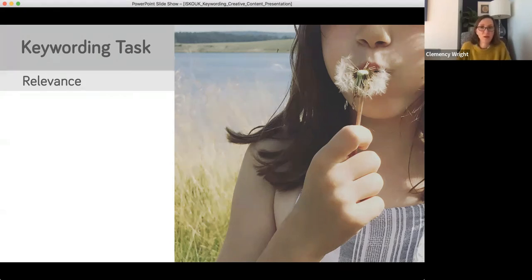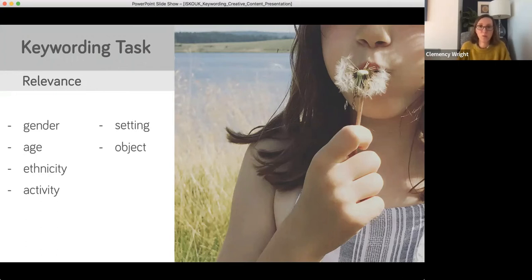So some of the things that might spring to mind might be the gender of the person in the image, their age, ethnicity perhaps, the activity, because obviously the image is showing an activity and we want to try and convey that in terms of keywords. Anything about the setting? Is there anything that jumps out that seems particularly relevant? What about the object?